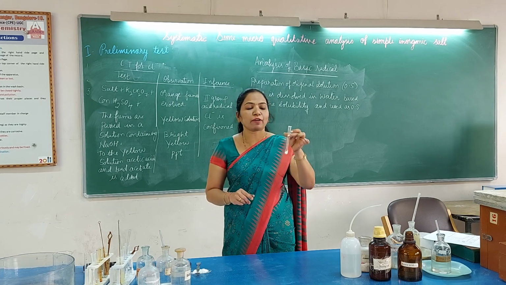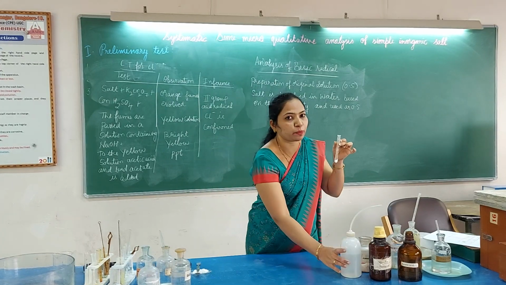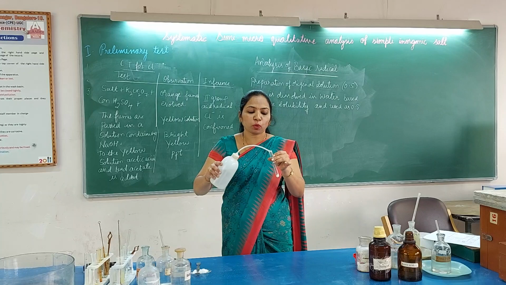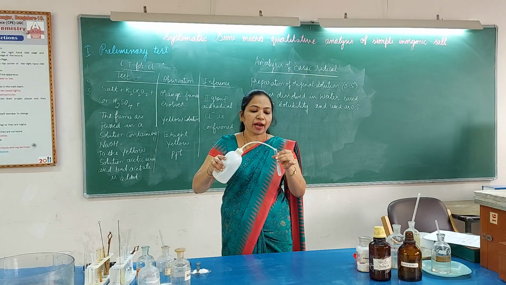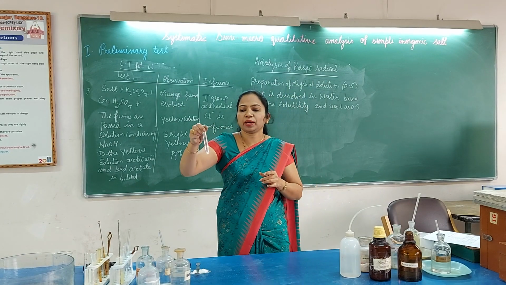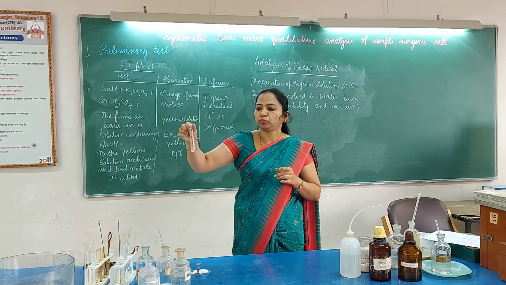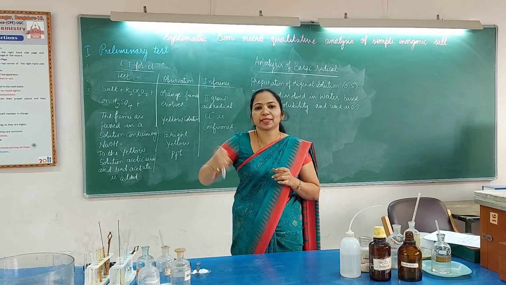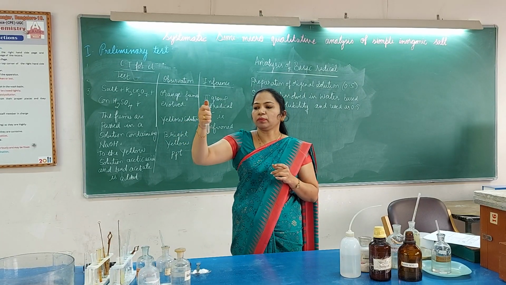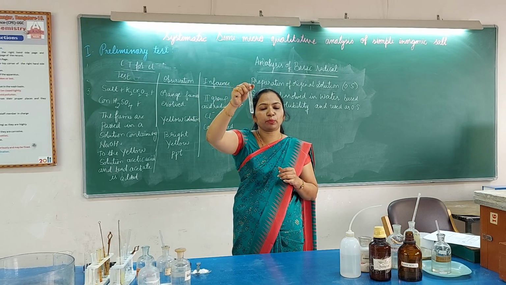As you all know, it is soluble in water. I am going to add water to it and make it soluble. So shake it nicely. Yes, the original solution is already prepared.